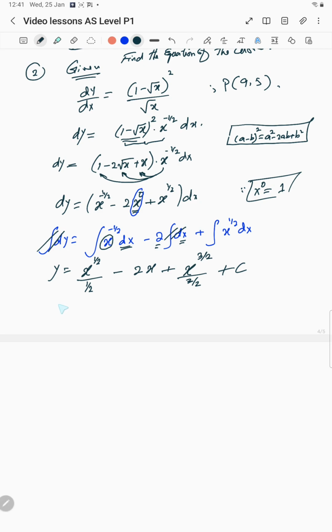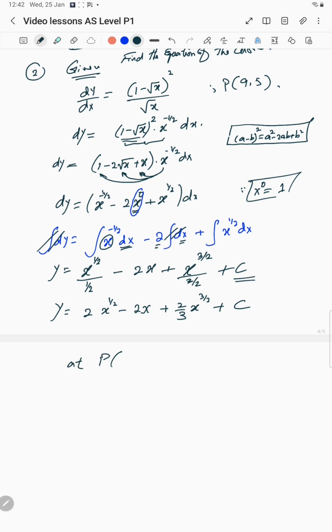So you are interested to find the constant of integration to make your final equation of the curve. First, if you want to simplify, you can. This and this goes to be 2x power 1 by 2, minus 2x plus 2 by 3 x power 3 by 2 plus c.